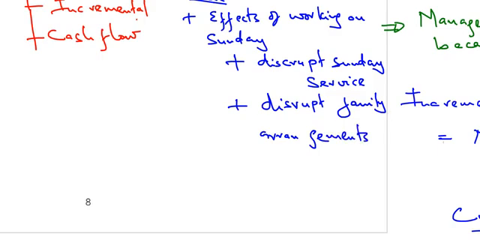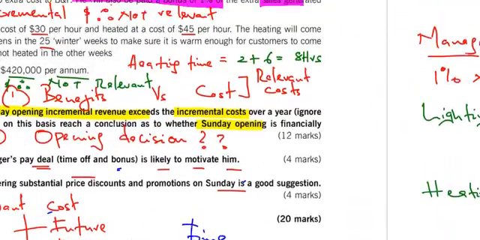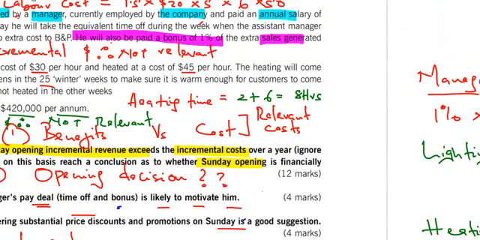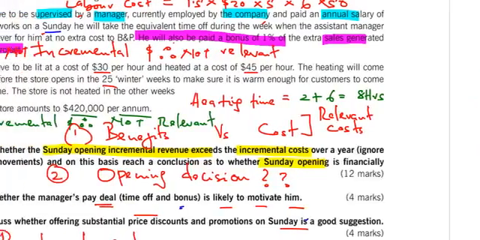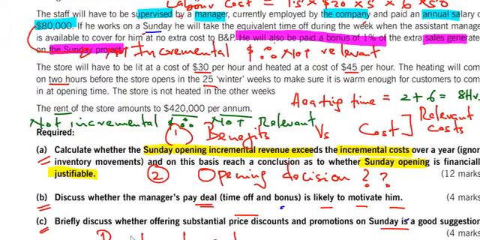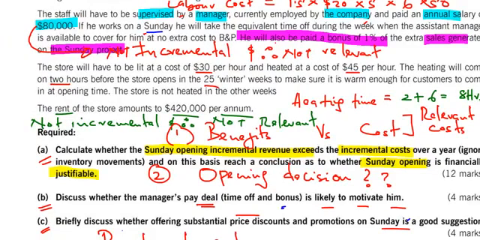Then about the bonus, okay, how about the bonus? The bonus has been given us.